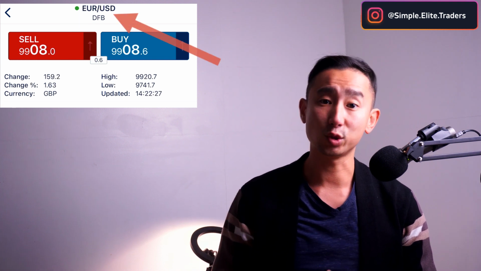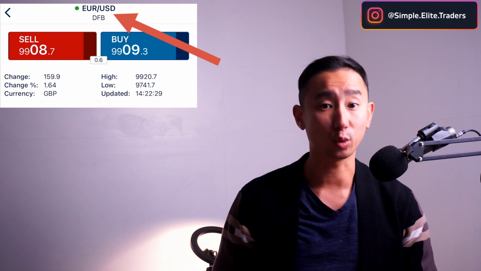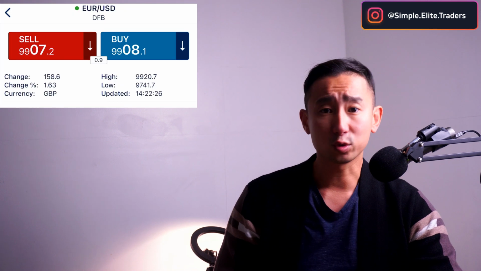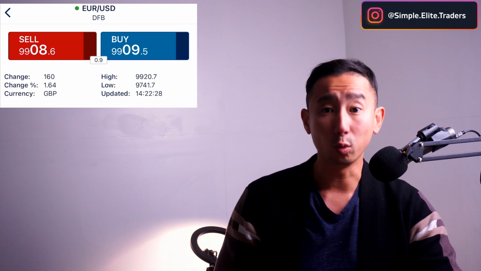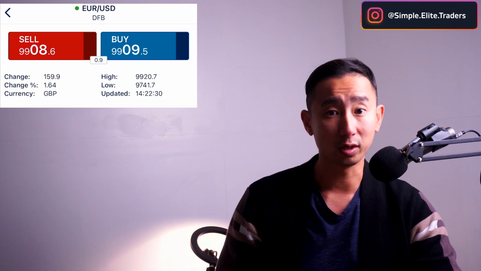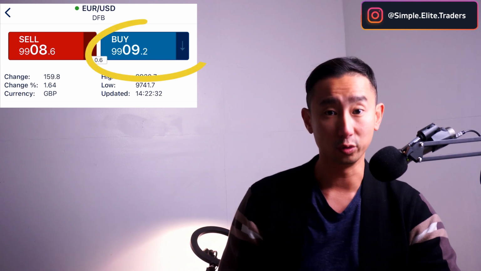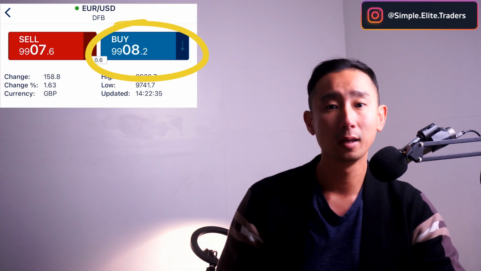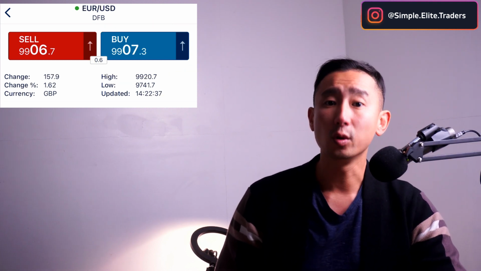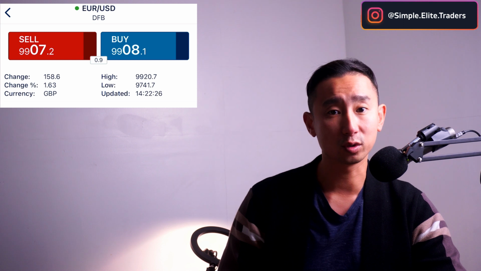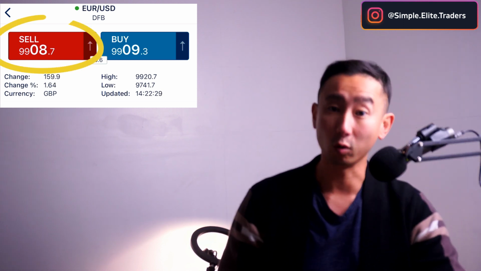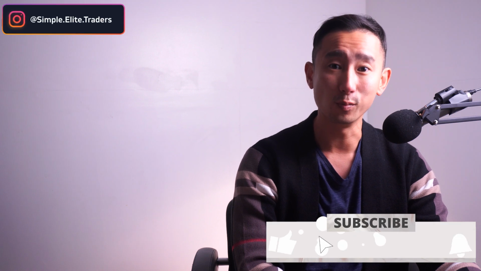On the right is the US dollar, which is known as the quote currency. If the traders think the euro will do better against the US dollar, they can buy, also known as going long. If the trader thinks euro will do worse than US dollar, they can sell it, which is also known as going short.